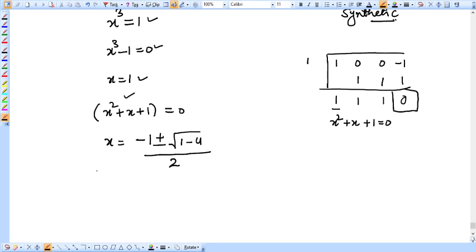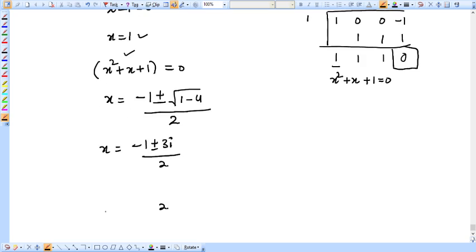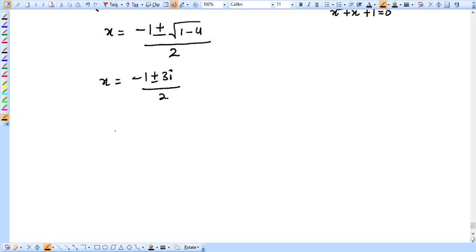So now x is equal to minus 1 plus minus root 3 iota divided by 2. So the roots of the given equation x cube equal to 1 are x equal to 1, which is the one root, the second root is minus 1 plus root 3 iota divided by 2, and minus 1 minus root 3 iota divided by 2.